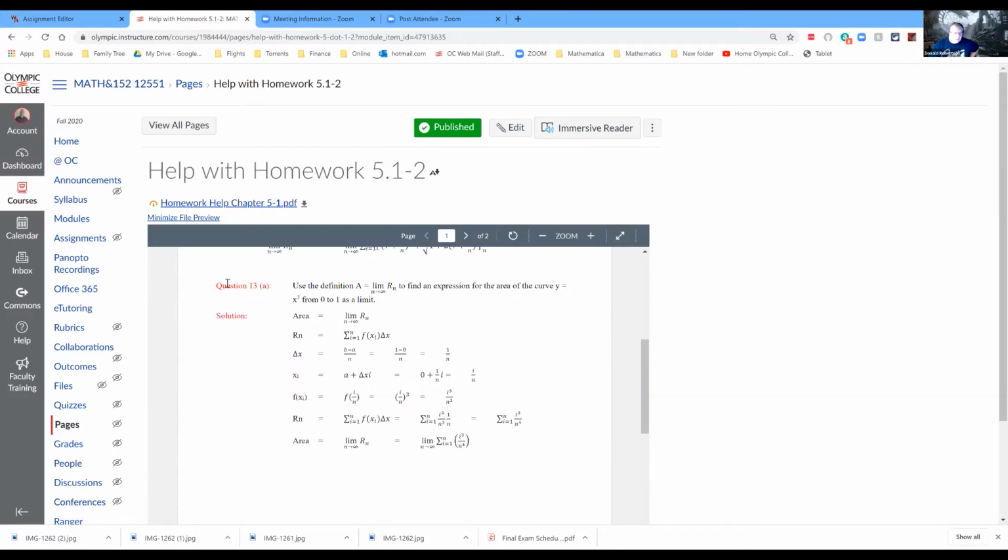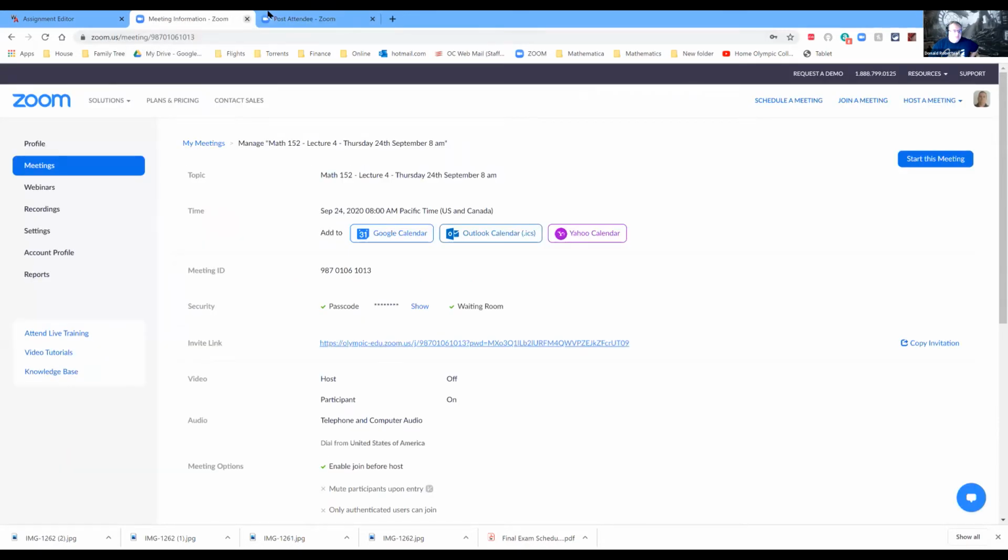So if you want to get your head around these general Riemann sums, I'd probably look at how I did question 13, because that makes, in my opinion anyway, a bit clearer what's going on. Now, I hope at least I've given you enough to get that question done. And that's it.